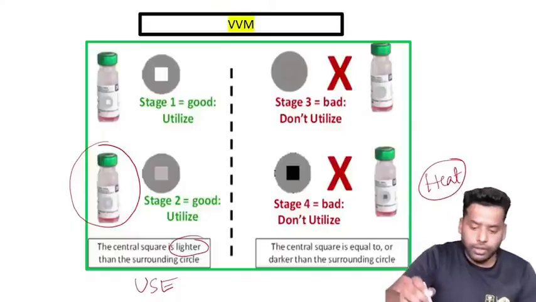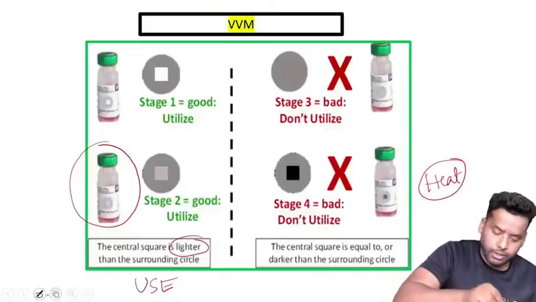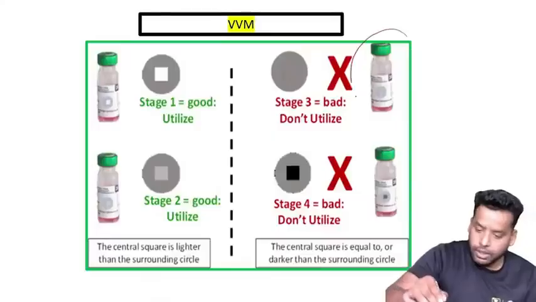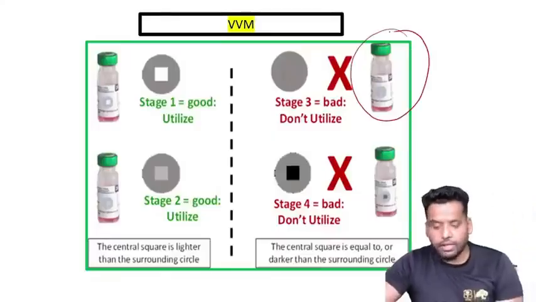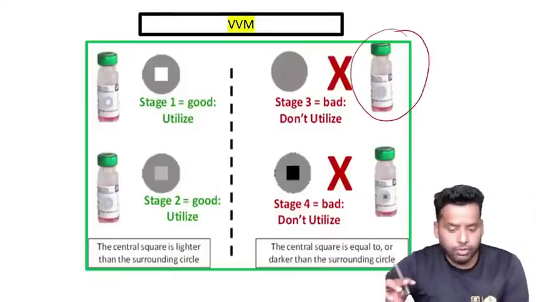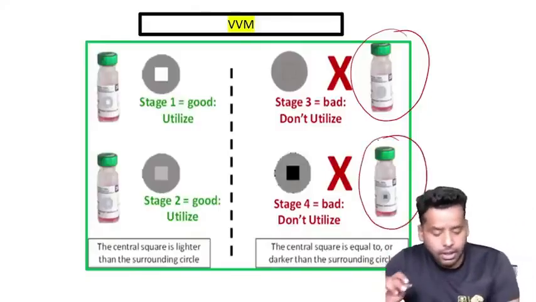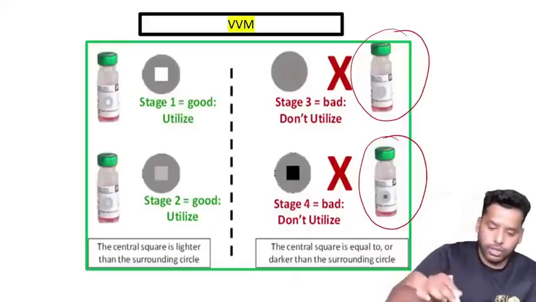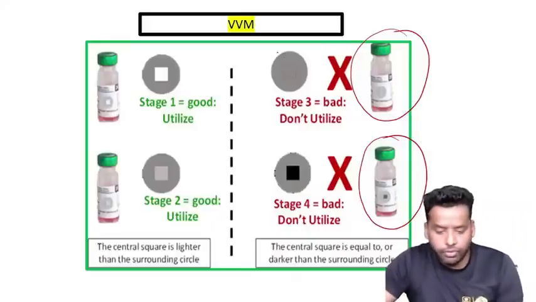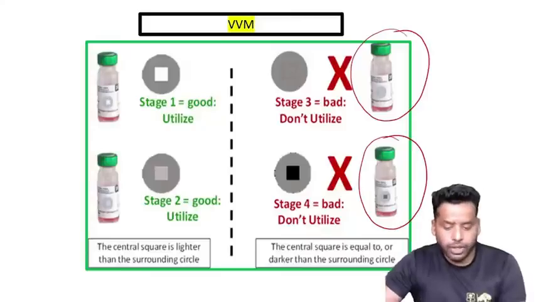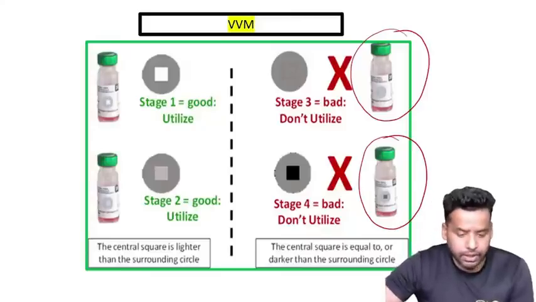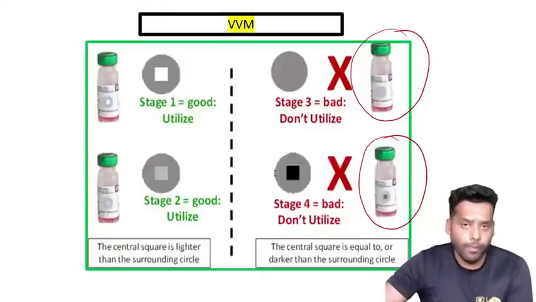Stage 3 you cannot differentiate, it becomes equal. Stage 4 is darker than the outer circle. Vaccines should not be used in stage 3 and stage 4.